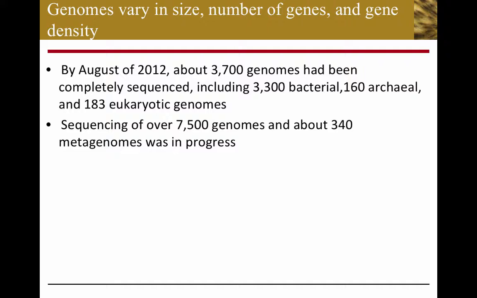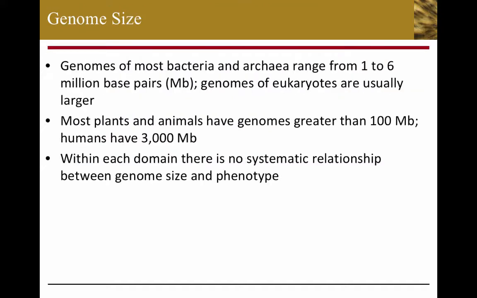Sequencing of over 7,500 genomes and about 340 metagenomes is in progress right now, and that number has actually increased since the number completed that we're looking at. The genomes for bacteria and archaea range between 1 and 6 million base pairs, whereas eukaryotes are much longer, which helps you understand why not as many have been sequenced.